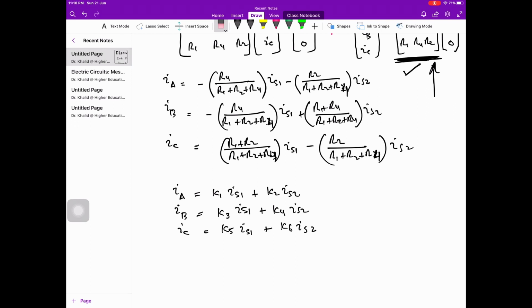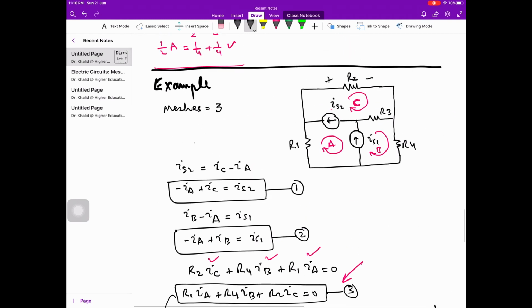So the interesting aspect over here is that in our circuit we have two sources, IS1 and IS2. Look at the circuit diagram: this is source 1 and source 2.